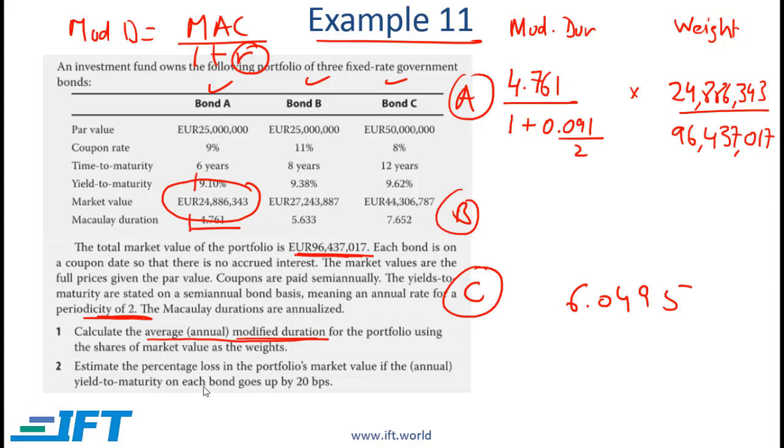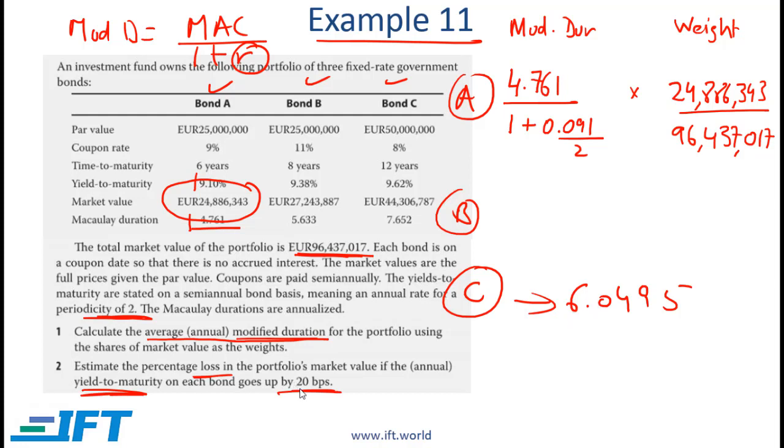The question then is, estimate the percentage loss in the portfolio's market value if the YTM on each bond goes up by 20 basis points. All we do there is recognize that this is the duration, which means that if the YTM goes up by 1%, then the value will go down by 6% roughly.